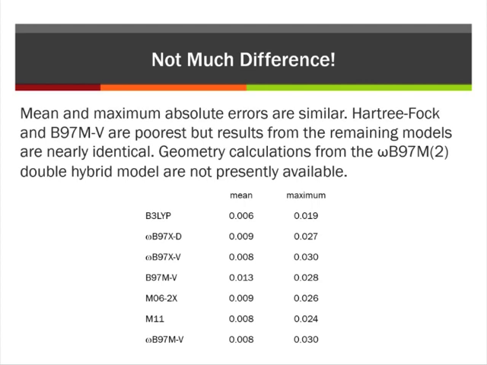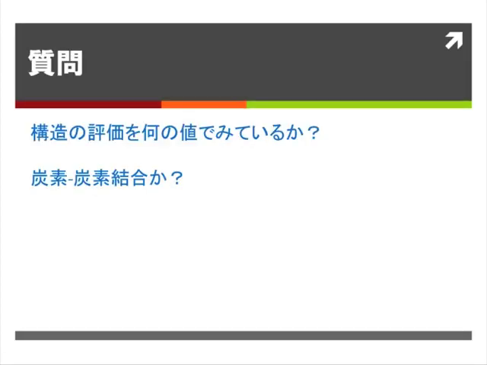And if you look at different functionals of the set I've given, I think I've eliminated the double hybrid one here. They're all pretty much the same as far as looking at this large data set. So structure is inherently something relatively simple to get right. Oh, I'm just talking about bond lengths because I'm lazy.